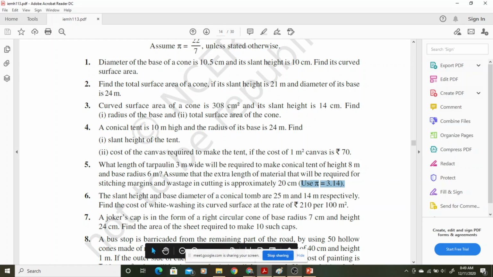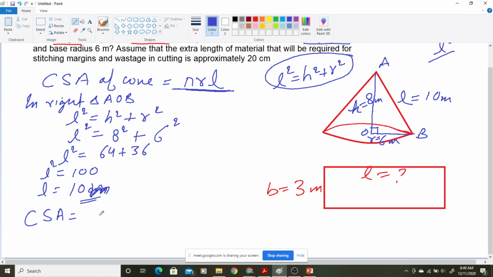So here I will be using pi RL, that means 3.14 multiply R, which is 6, and L, which is 10. If I remove this decimal, take 100, 0 to 0 cancel. Now just multiply. 6 4 ja 24, 2 carry, 6 1 ja 6 plus 2 is 8. 6 3 ja 18. You are getting 188.4.